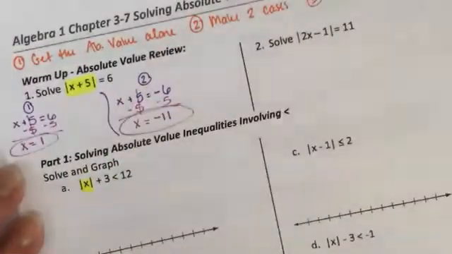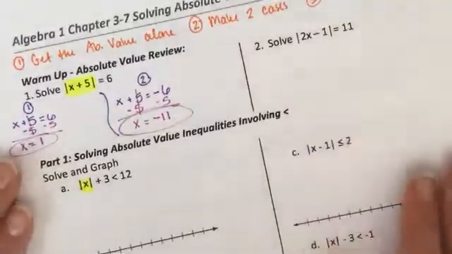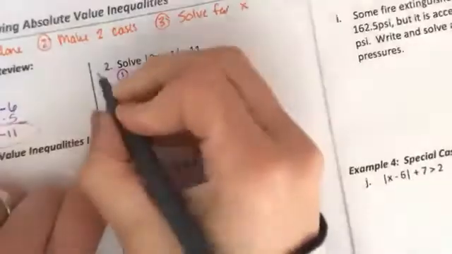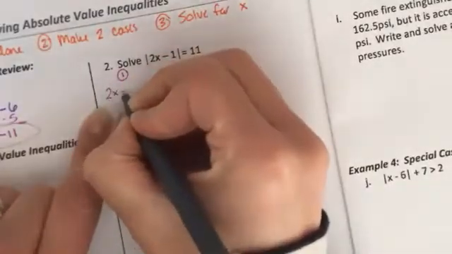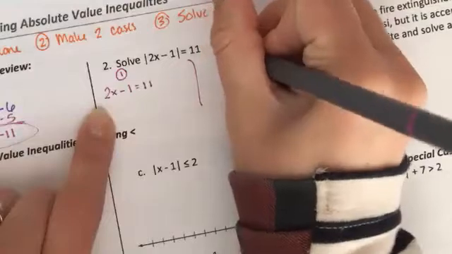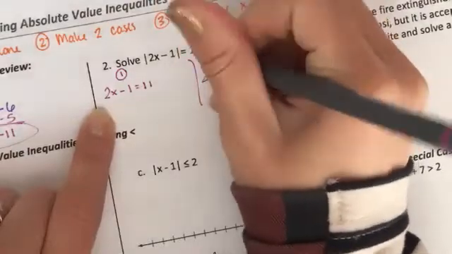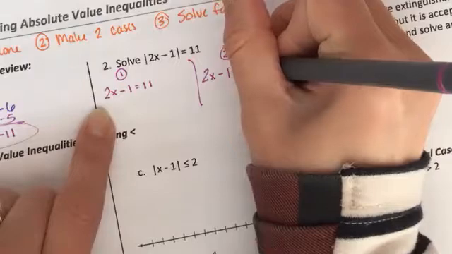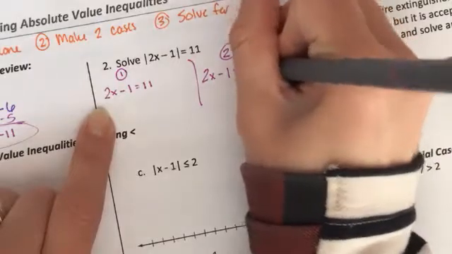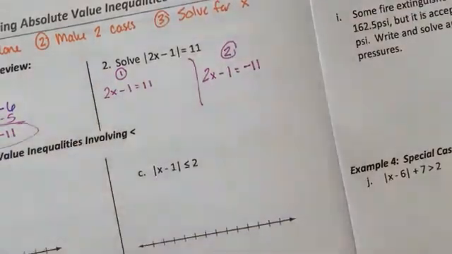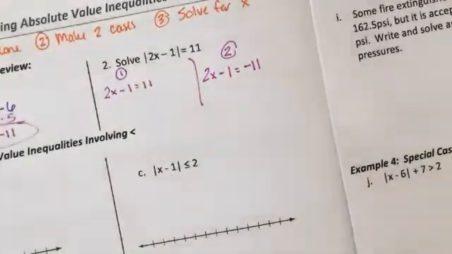And there we go. Same thing on number 2, just to review. The absolute value is by itself. So case 1 looks exactly the same. In case 2, we have to change it to being a negative on this other side. Okay. And then we're going to solve.